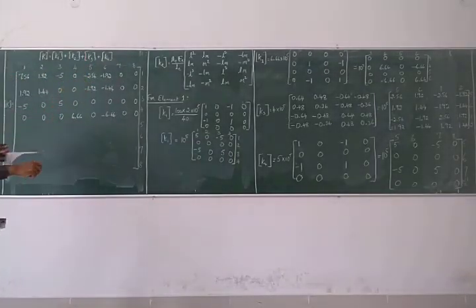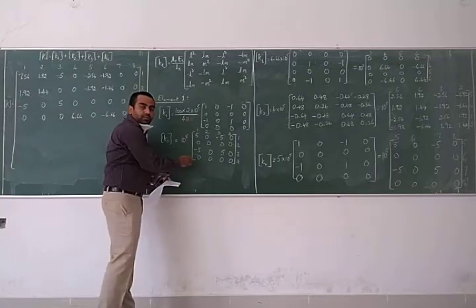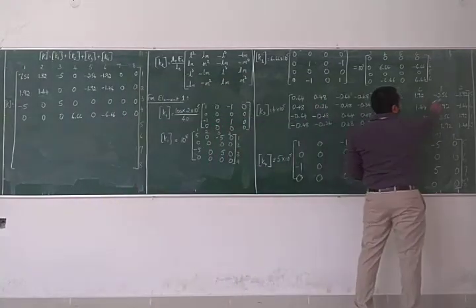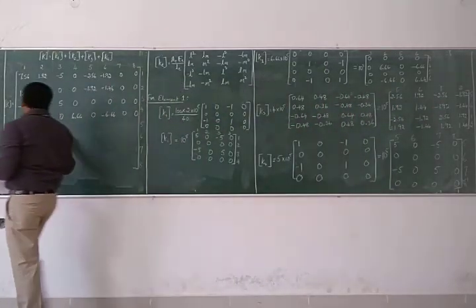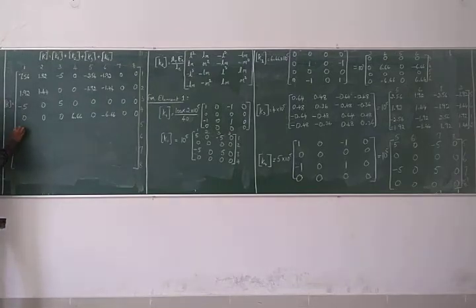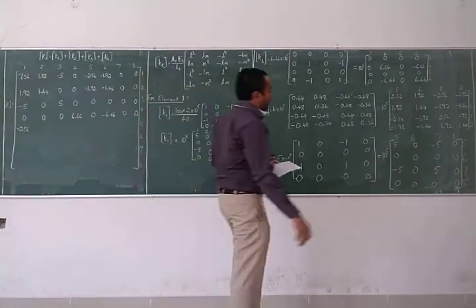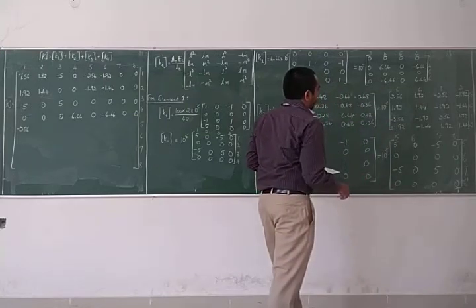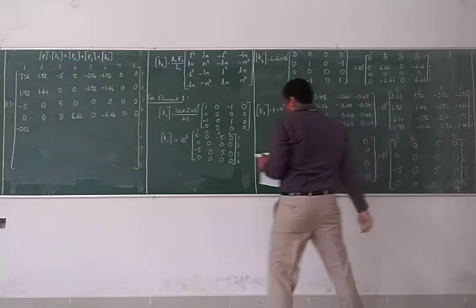Coming to the fifth row. First column, fifth row, there is a term here, minus 2.56. No other term present, so it is minus 2.56, which I write directly. Next, degree of freedom on the second column and fifth degree of freedom row. Second column, fifth degree of freedom is minus 1.92.